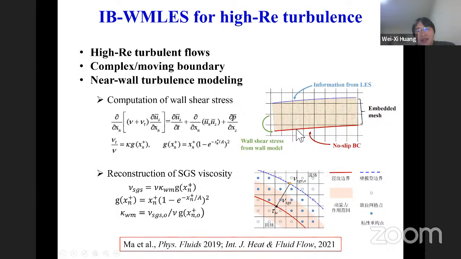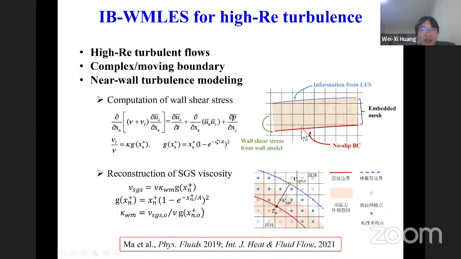In a body-conformal mesh, the normal direction has a much more refined mesh than the streamwise direction. But in the immersed boundary method, the mesh sizes are similar in different directions. So we cannot have a very refined mesh in the normal direction.